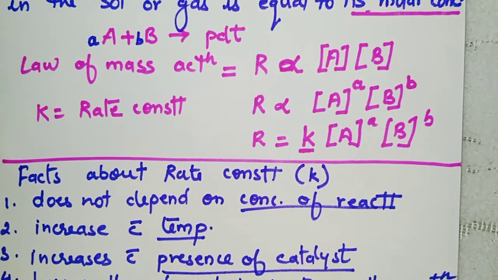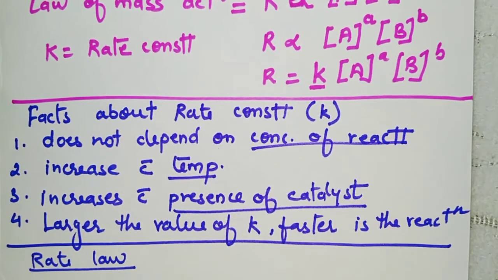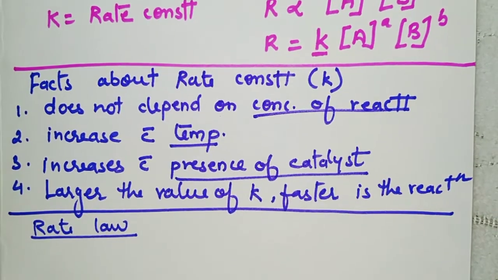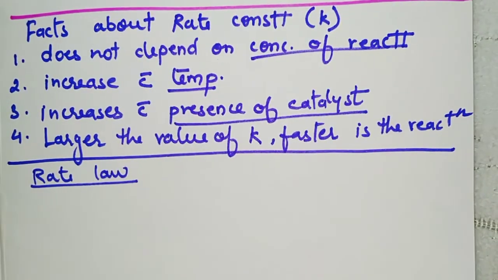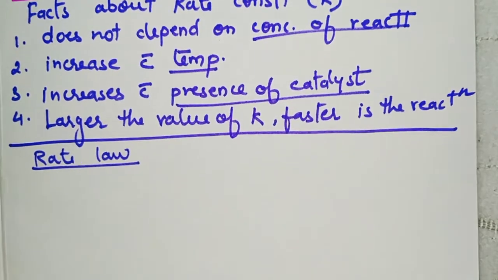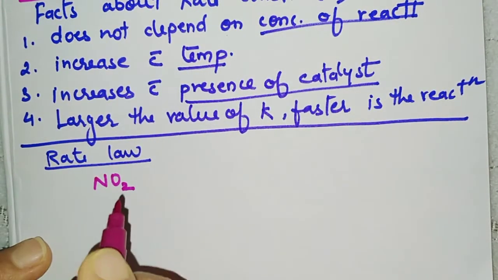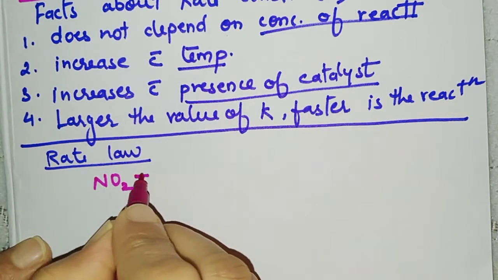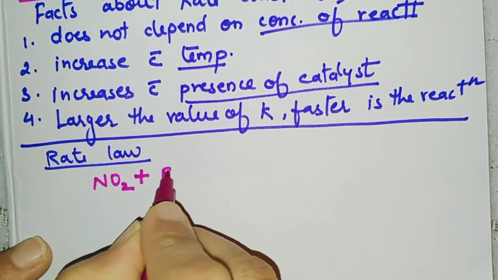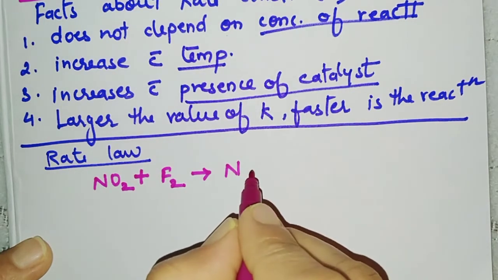But when it was tested experimentally, this was practically not possible. So another term was introduced, that was rate law. See how it came to be known. When nitrogen dioxide was reacted with fluorine, it gives us nitryl fluoride.